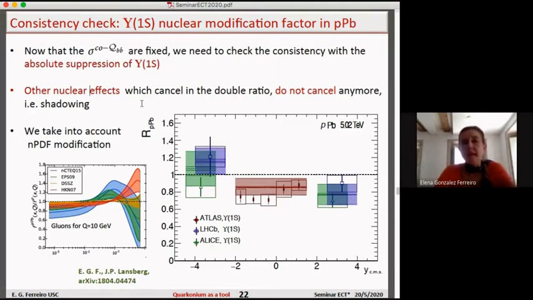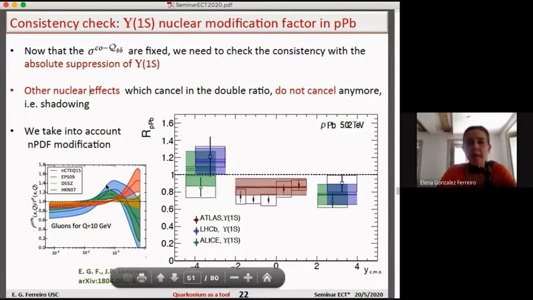Next, we have to check if putting this effect together with the original shadowing, the nuclear PDF modification, went well. Yes, because the nuclear effect is not very important for the ground state. So for the ground state, everything worked well, and even here we took into account those modifications.